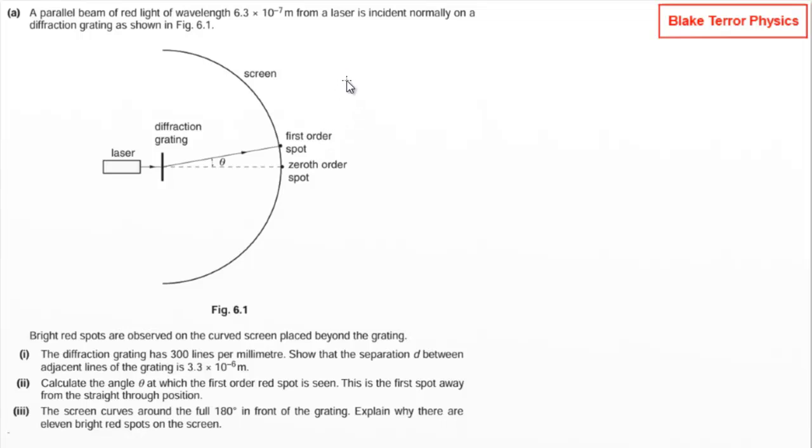So 300 lines per millimeter means that we need to go from millimeters to meters. So 300 per millimeter, we need to multiply by 1,000 to get the number we've got per meter. So that's lines per meter. So we want to then do 1 over that, which will give us the separation.